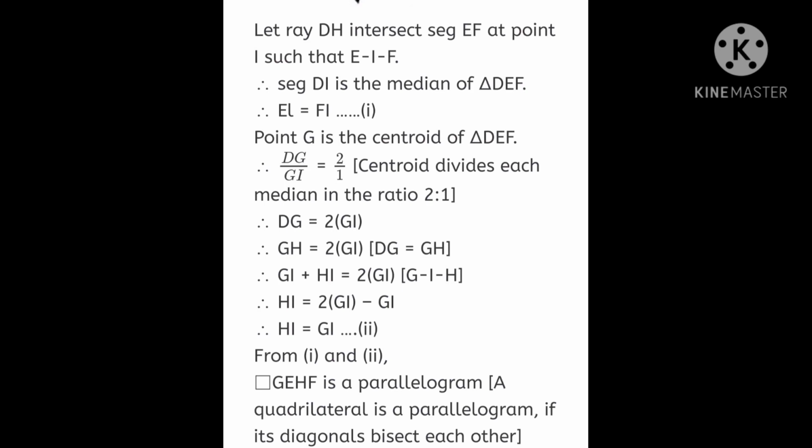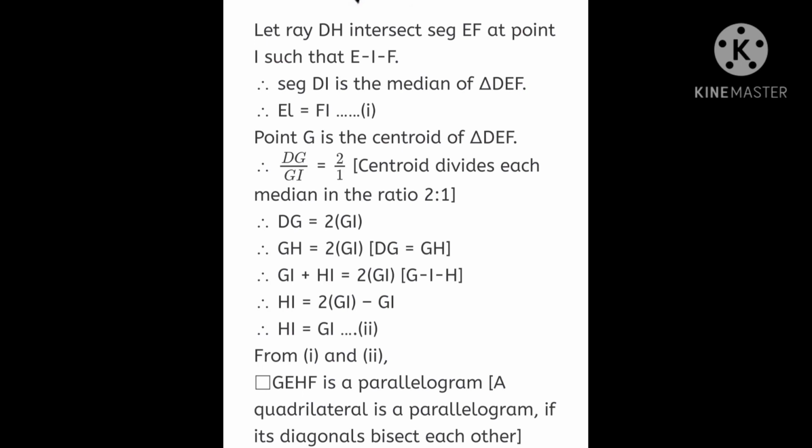Now point G is a centroid of triangle DEF, and the centroid divides a median in the ratio of 2:1. So therefore the ratio DG upon GI is 2:1. Now if you cross multiply, you get DG is equal to 2GI.